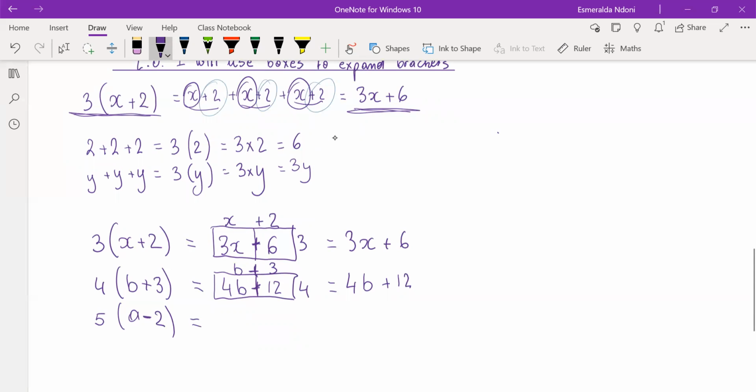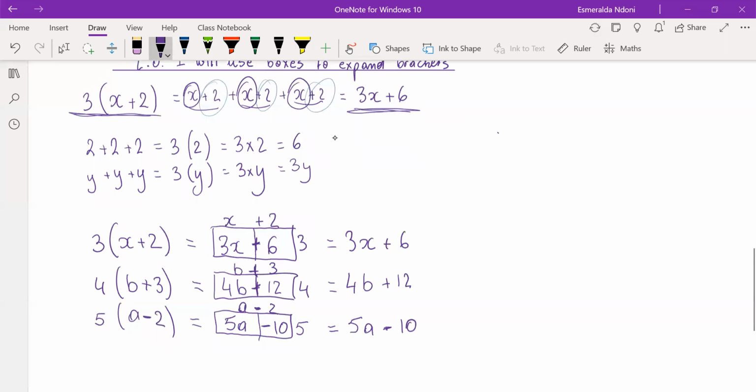It's the same principle. It won't matter if it's a positive or a negative. You draw the box, 5 on the outside, a minus 2. Then you do the multiplication, 5 times a, 5a, 5 times minus 2, minus 10. Then we write on the side, the answer would be 5a minus 10.